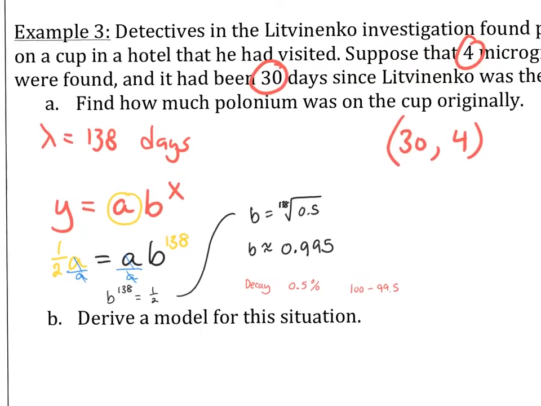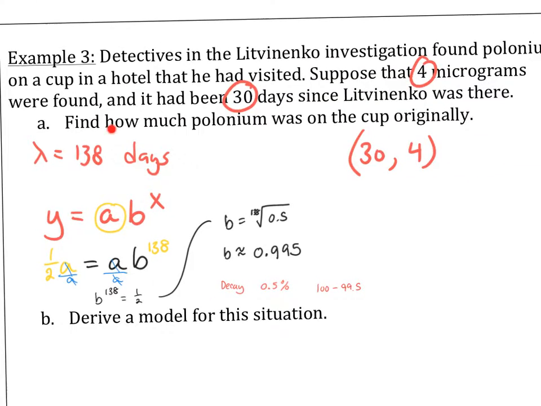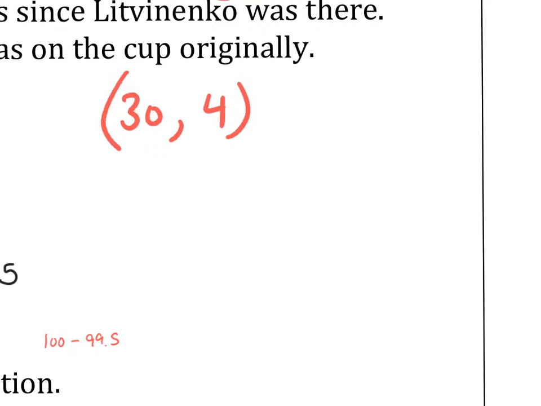All right, now we're not done because we haven't answered the question. The question says find how much polonium was in the cup originally. So now I have to plug stuff back in using two things. I'm going to use my decay factor, and I'm also going to use the 30 and the 4. So back to my original y equals ab to the x power.